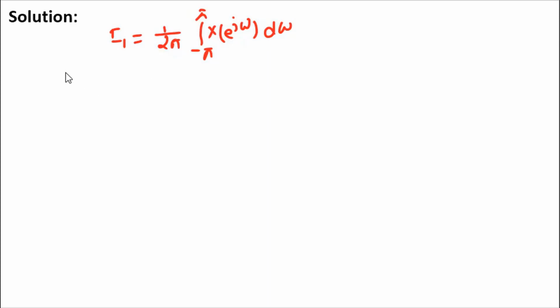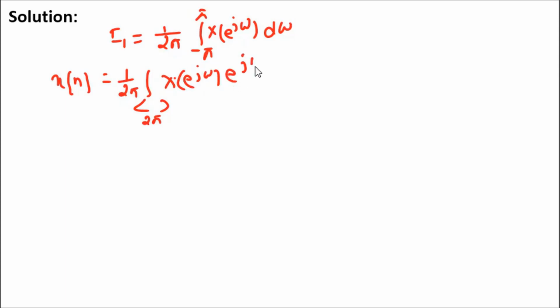Now from the definition of the discrete time Fourier transform, x of n is given by 1 over 2 pi integration over 2 pi of x of e j omega into e to the power j omega n d omega.